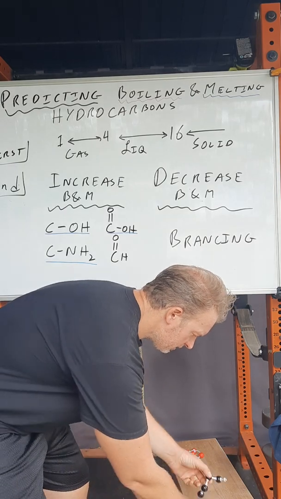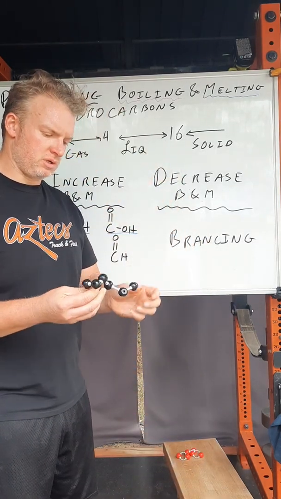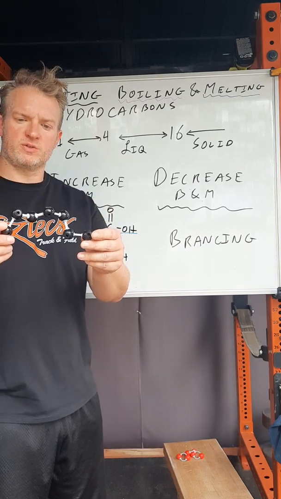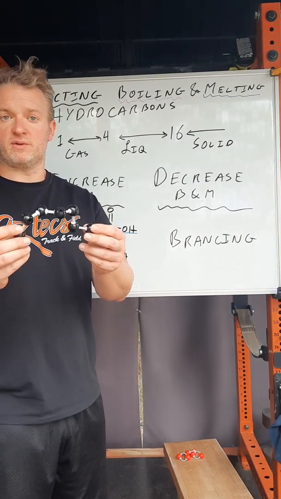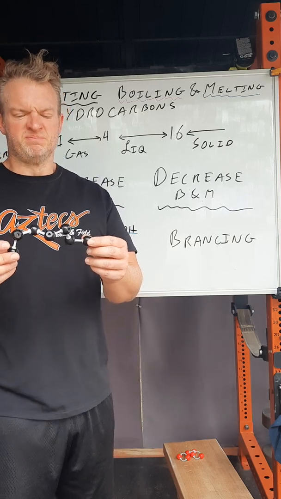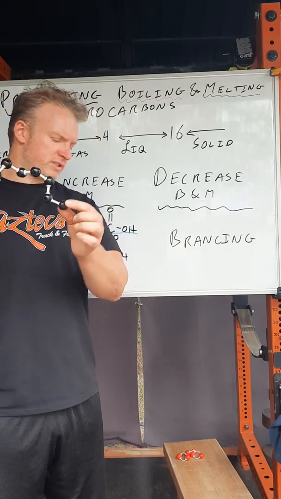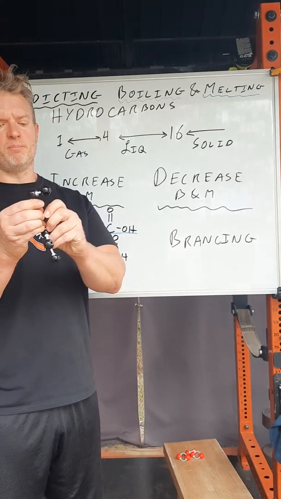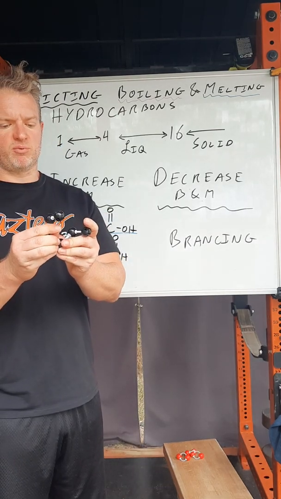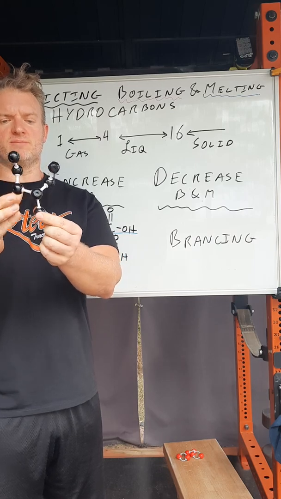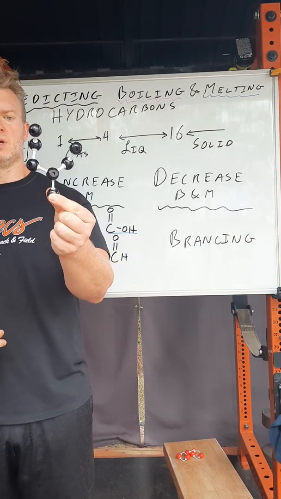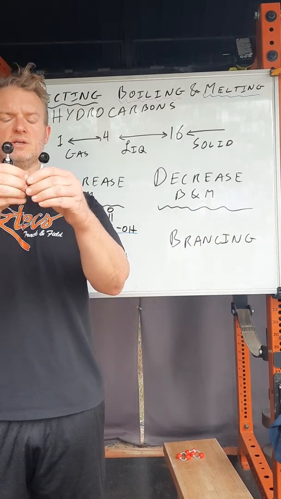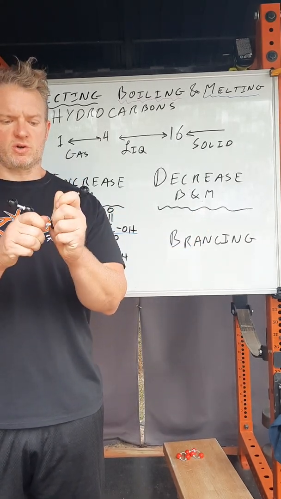What is branching? Here is a molecule that contains 7 carbons, and there's a special prefix we use to specify 7. It's the same as the regular polygon. This molecule contains 7 carbons, and it has a boiling point. I don't know what it is, but if I increase the branching, meaning that this molecule still has 7, this is going to have a lower boiling point than if it was just a straight chain.